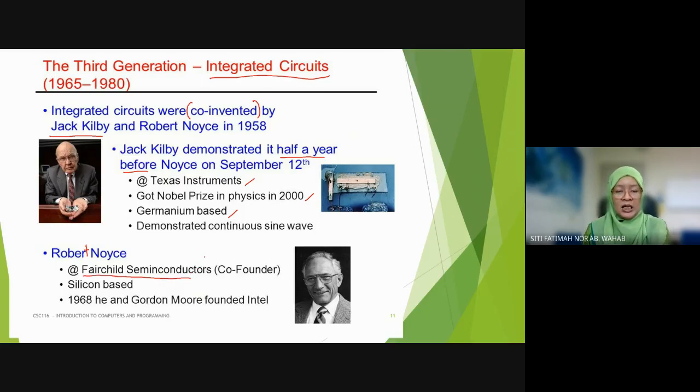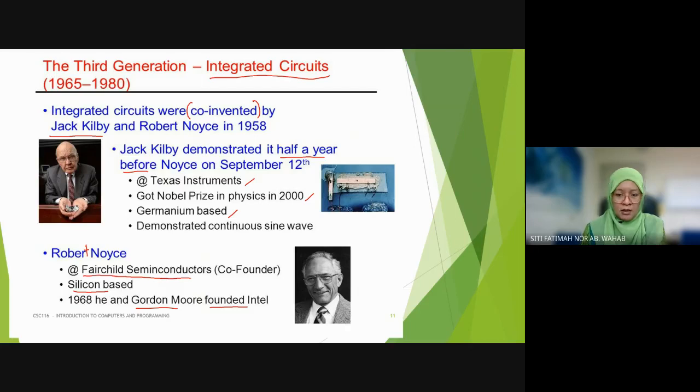The IC invented by him is silicon based. I already told you, he founded Intel with Gordon Moore. So Noyce came up with the same idea completely independently from Jack Kilby.